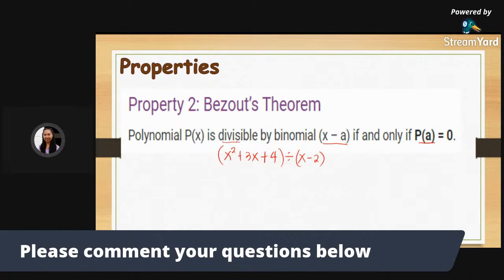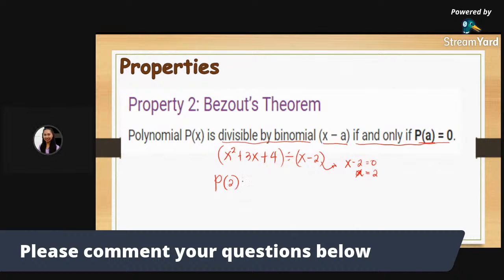It is divisible by a binomial x minus a if and only if p of a is equal to 0. So let's check if p of a is equal to 0. Here, x minus 2 equals 0, so x equals positive 2. So our a here is positive 2.